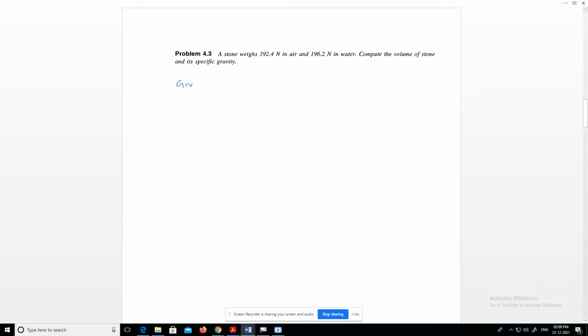Given: stone weight in air is equal to 392.4 Newton, and stone weight in water is equal to 196.2 Newton.